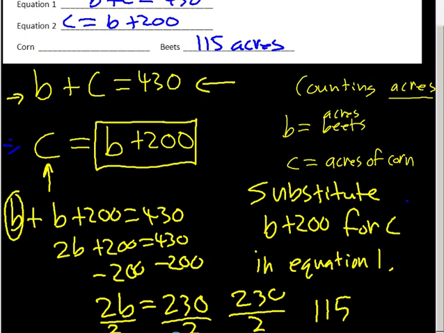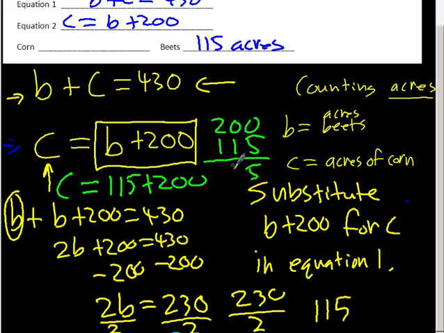So anyway, beets was 115, so 115 plus 200 equals corn. That was easier, but I really just kind of picked. Wasn't worried about it. So 200 plus 115 is 315. Use your calculator if you want to, or just add.